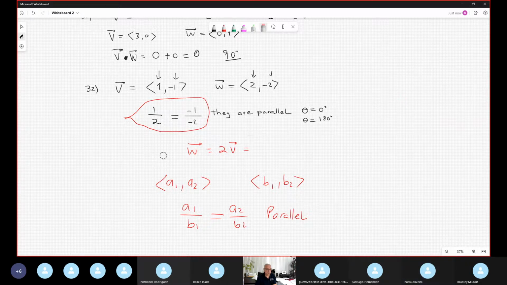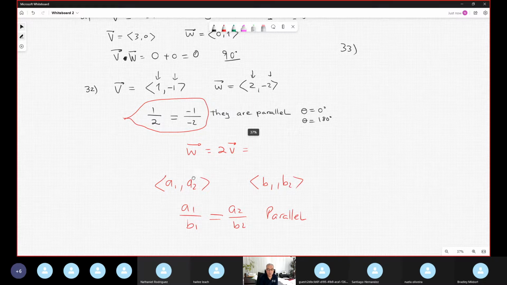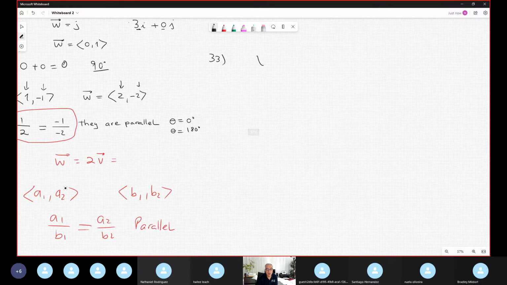Okay. Let me see 33. 33 is similar, look. The vector B is 1, 2, and the vector W is -1, -2.